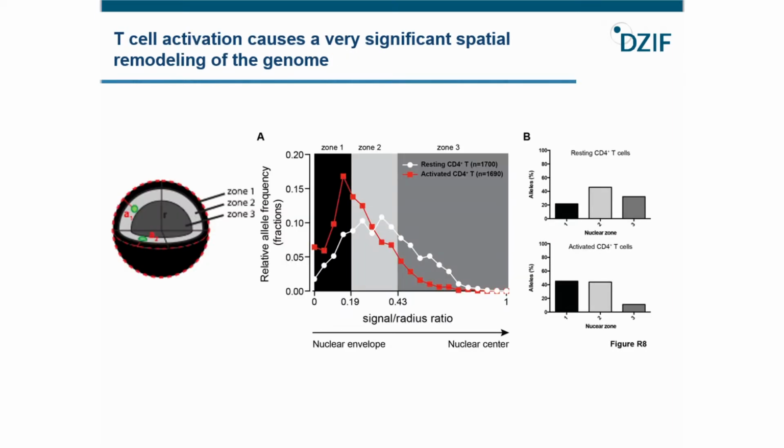And at the global level, this is how it looks. So active genes with no super enhancers, shown in the middle panel in white, remain mostly where they are, whereas when you look at genes with super enhancers, they move towards the outer shells of the nucleus.